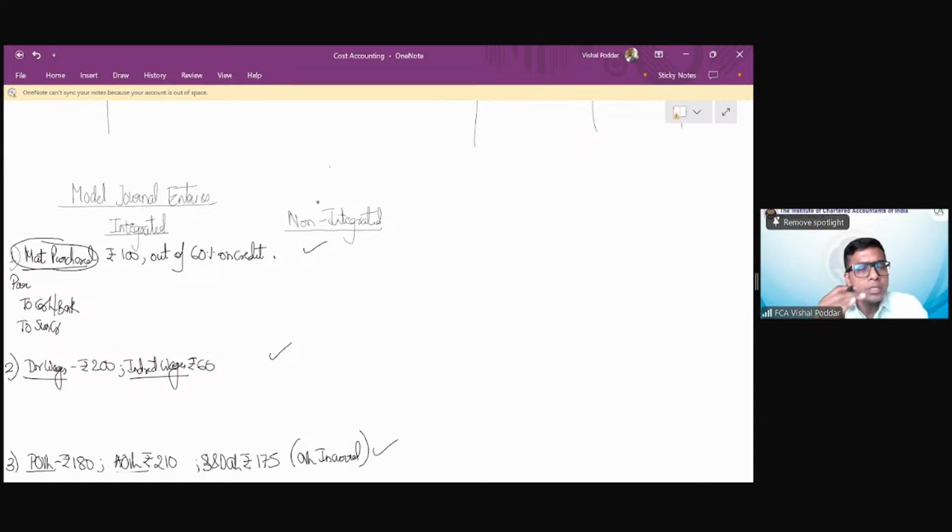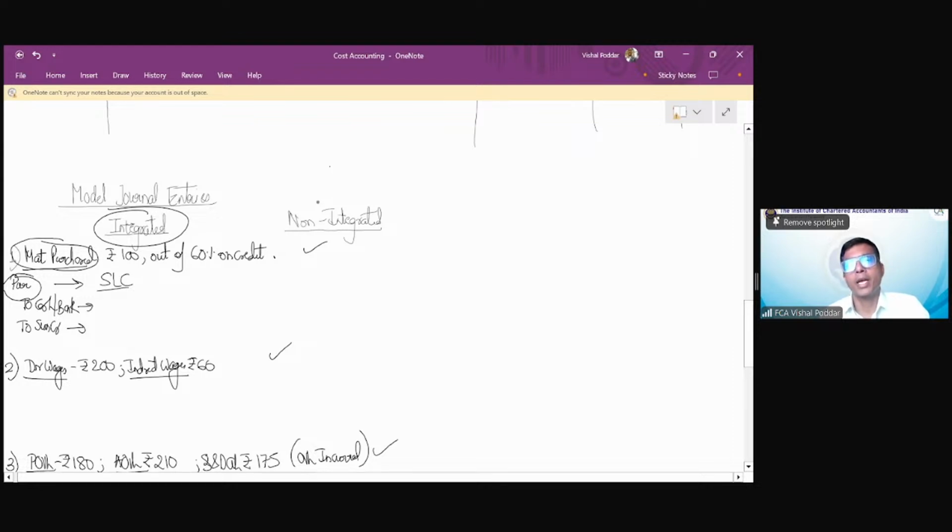Now, since we are doing cost accounting, the logic and the entries are the same, only the names are different. If I'm passing this entry and my method is integrated, what is the account that I'm having? I don't have a purchase account here, but I represent material by the account called SLC.